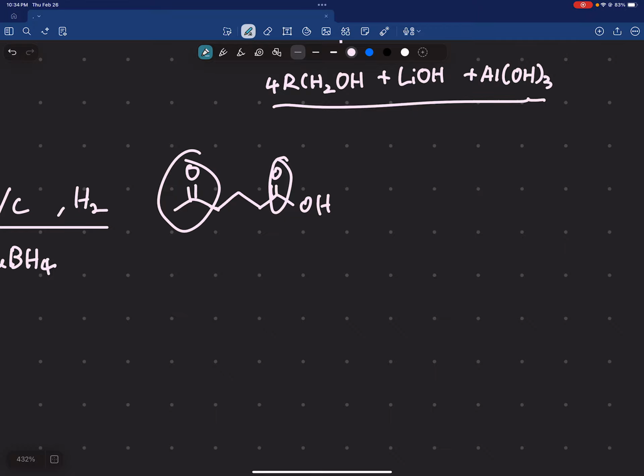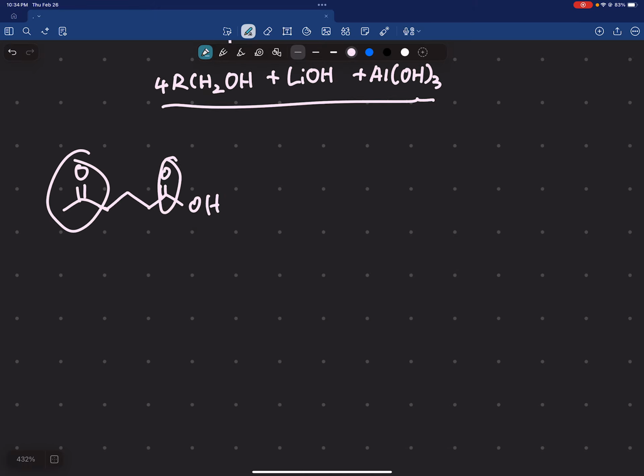This is a ketone. We want to reduce that ketone without reducing our carboxylic acid.